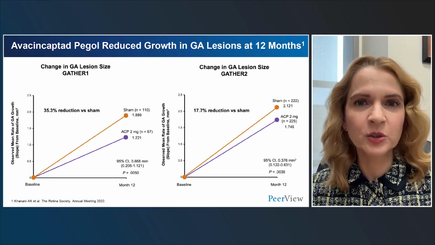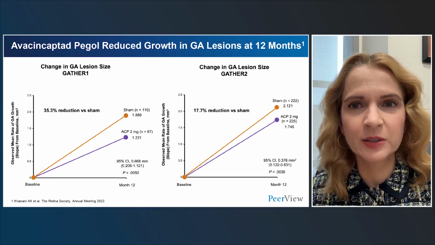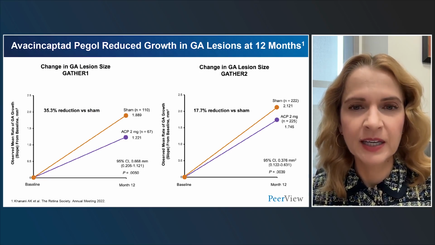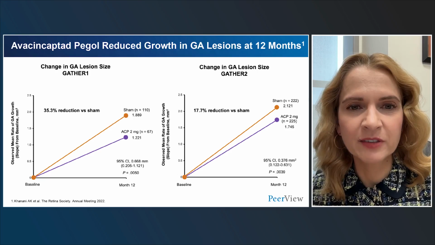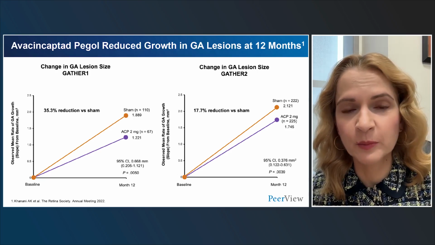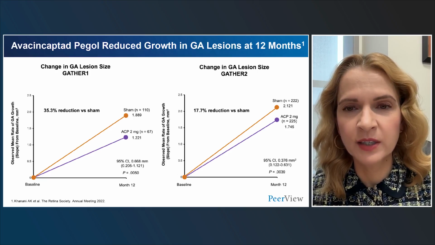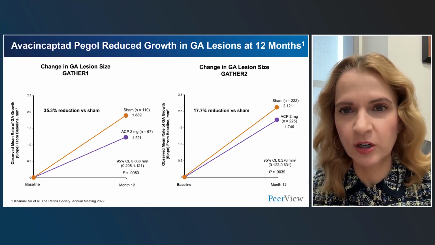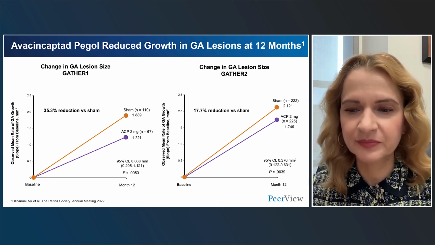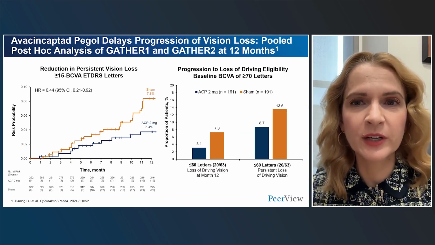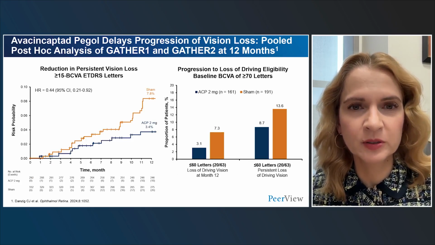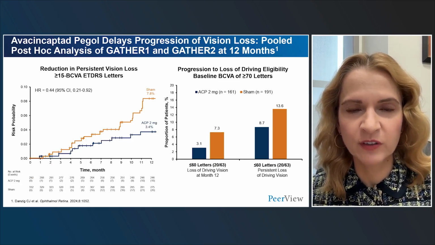Avacincaptad pegol was shown to reduce the growth in geographic atrophy lesions at 12 months, and this was statistically significant, and the level of reduction was 35.4% versus sham in GATHER1 and 17.7% overall in the GATHER2 study. The drug delayed progression of vision loss in a pooled post hoc analysis of both studies at 12 months.